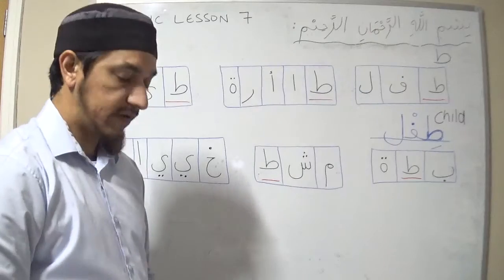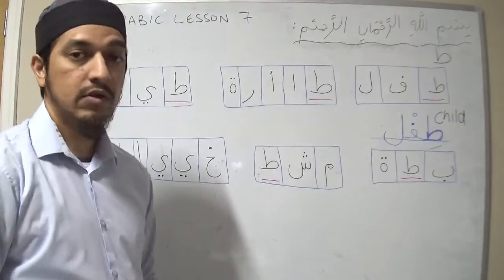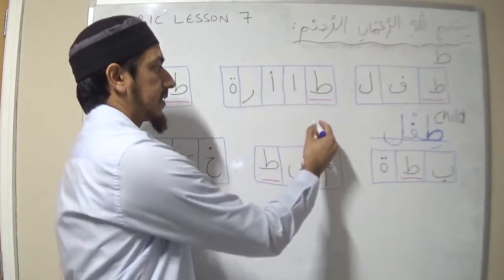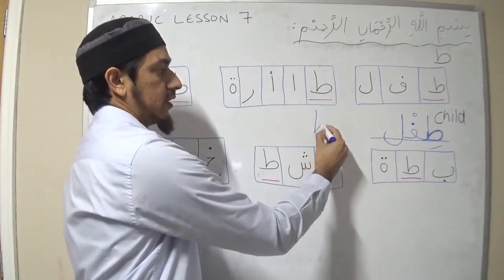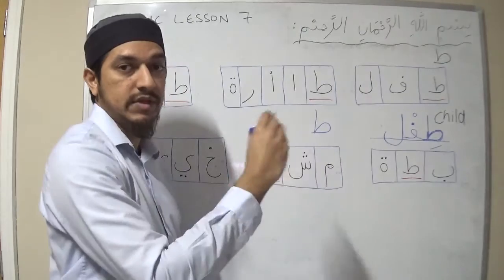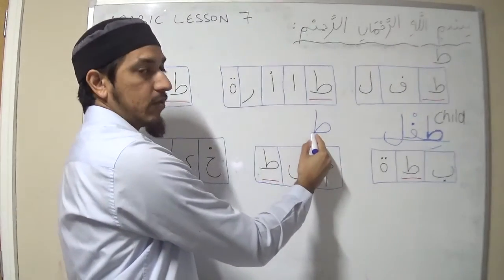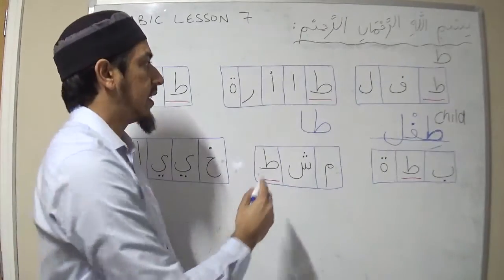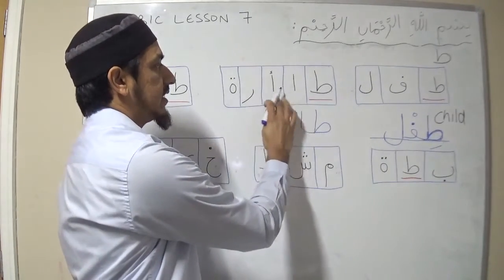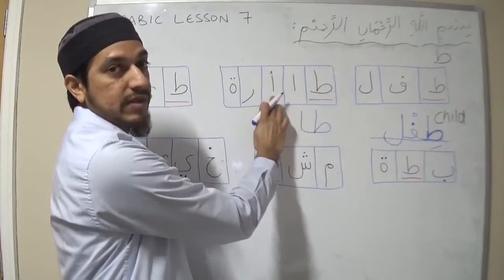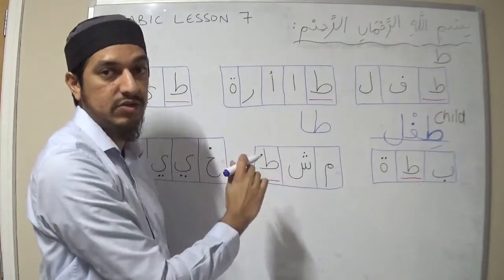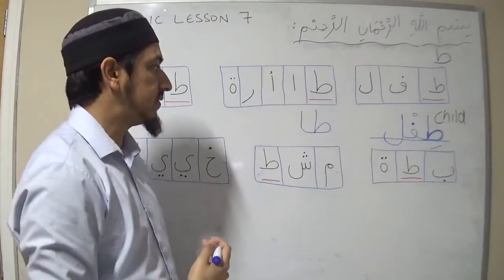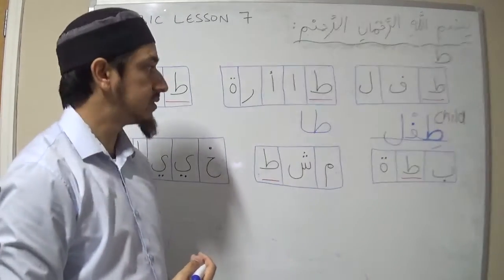The next word we have is ta'ira. Ta'ira. So again, line down for the ta, the semicircle. We move on to straight going up to the alif, and that's the difference, where there's an alif and now that's a hamza. Hamza, you can see that sign at the top. The alif doesn't make a sound. It's like a vowel, as I've said in one of the previous episodes.